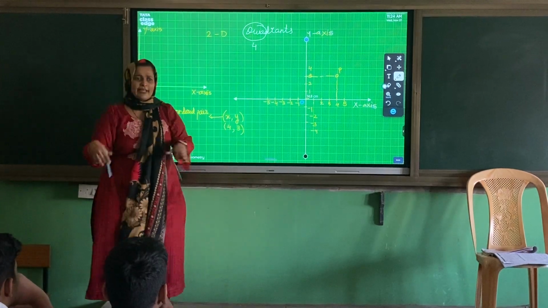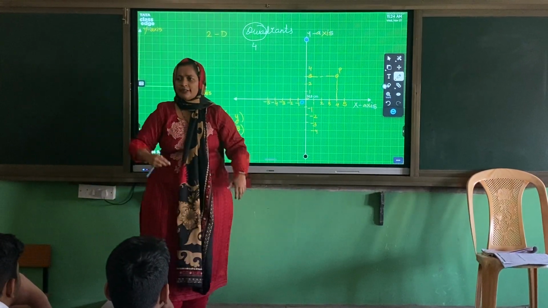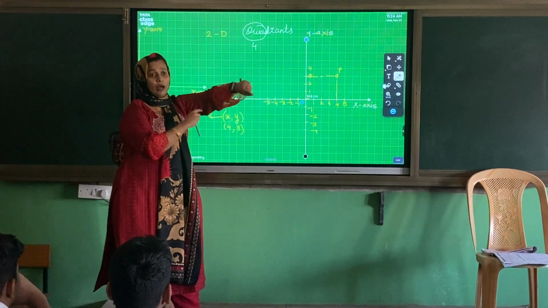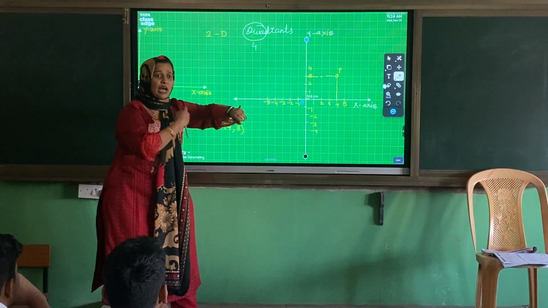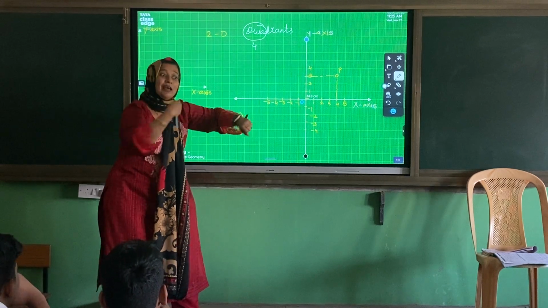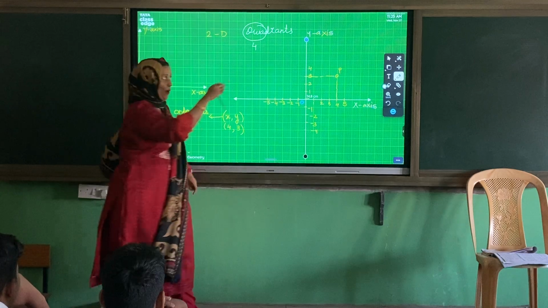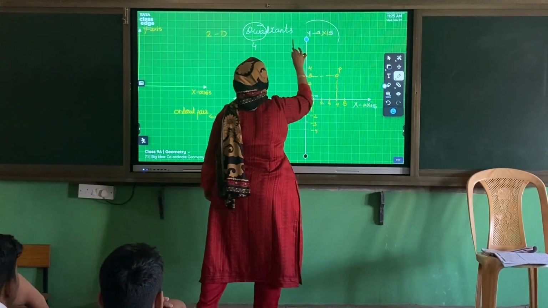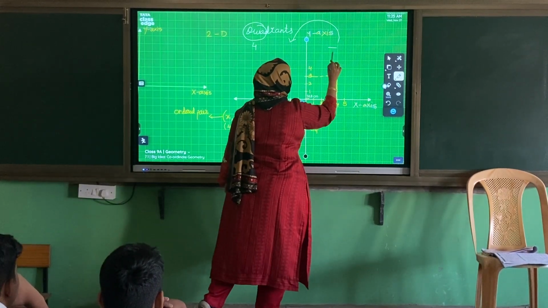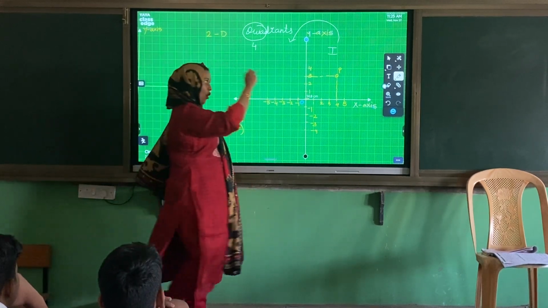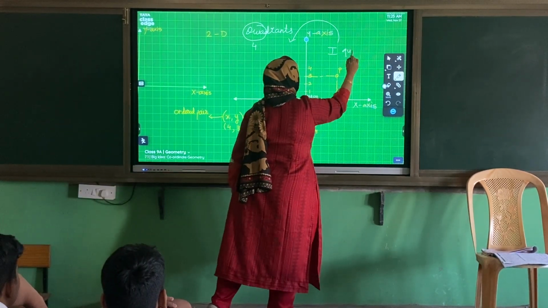Now quadrants are not placed here and there. They have a specific order, like our clock. Our watch moves clockwise, because it is a clock. But here we have to work anti-clockwise, the opposite way. This is written in Roman numerals. So this one is called the first quadrant.